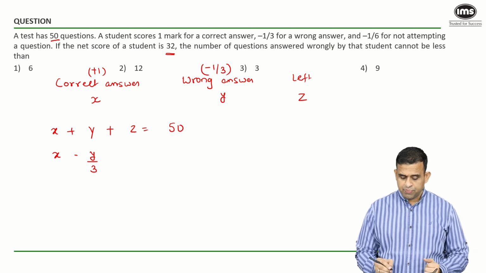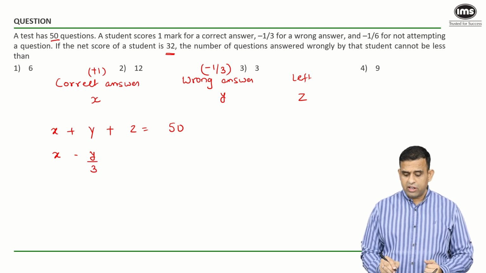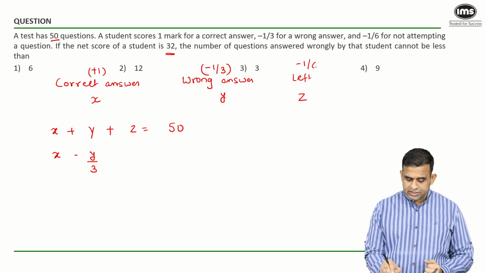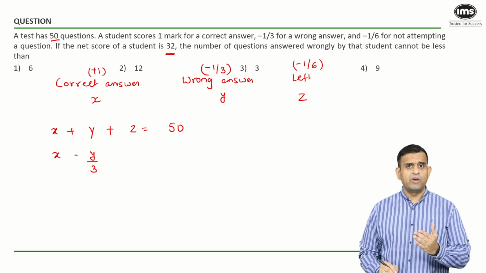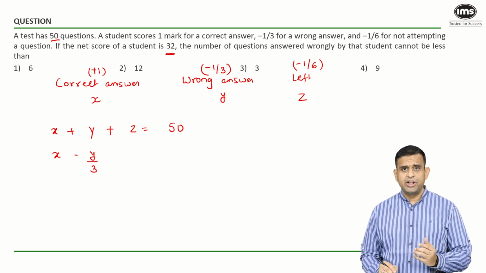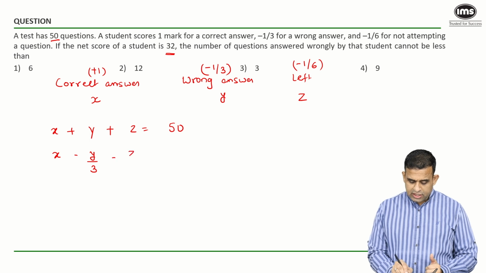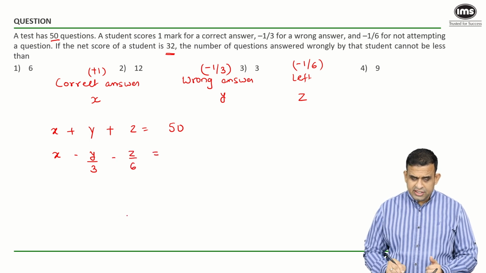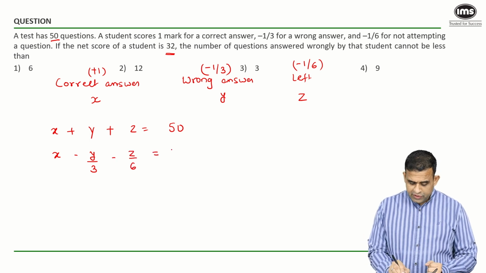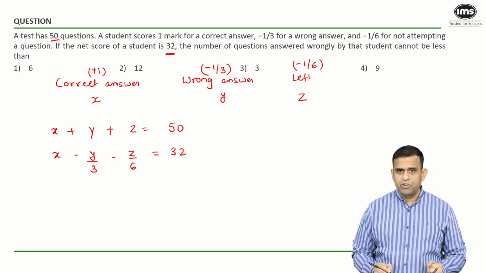And for the ones which I left, I also lose 1/6 for every question. So if z is the number of questions I left out, I will lose minus z by 6. And this will give me my net score, which must be equal to 32 over here.